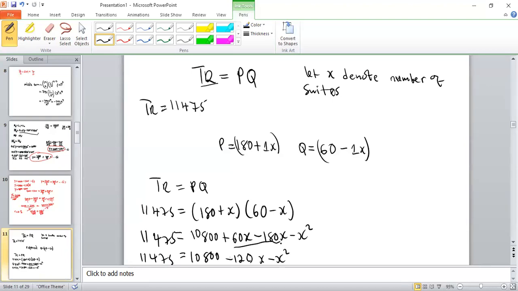We can take this to the other side so that we have x squared plus 120x plus 11,475 minus 10,800 equals 0.